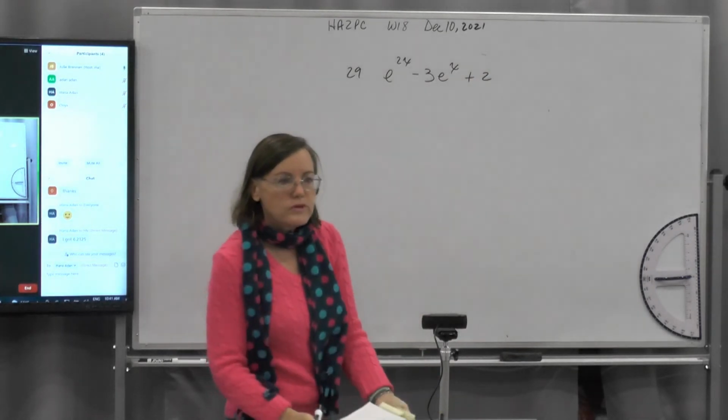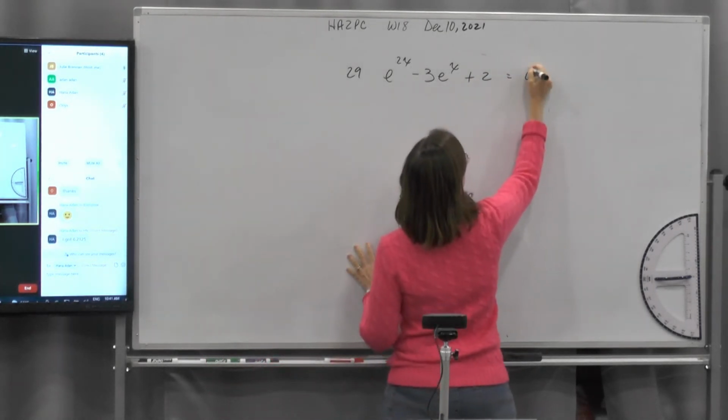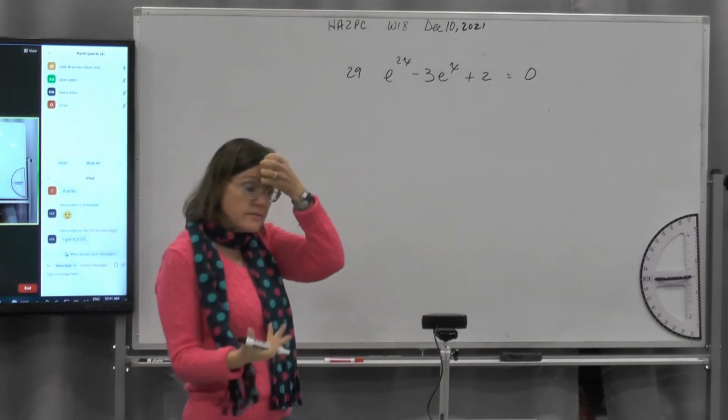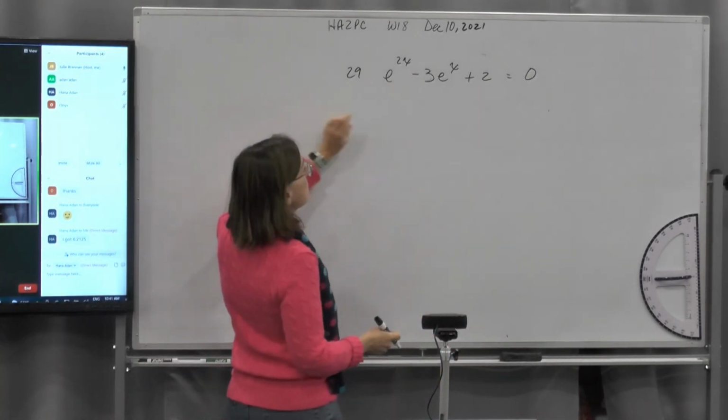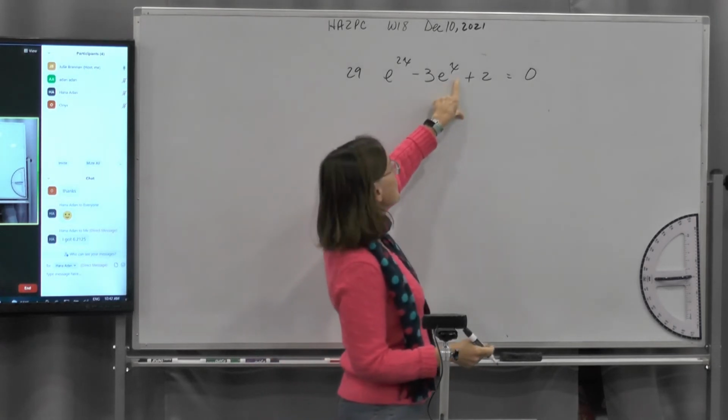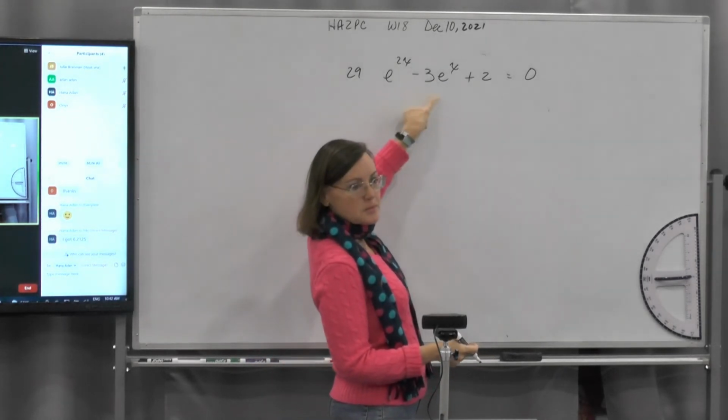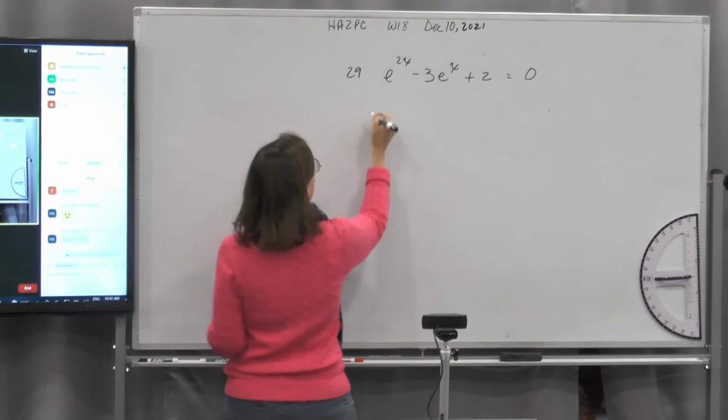If we're going to solve, we already know this is a quadratic. Whenever this exponent is half of that, or that one's double that, what can I do? I could try factoring.